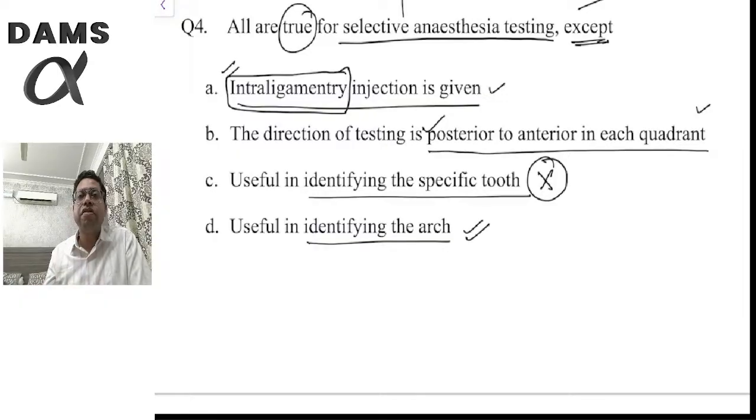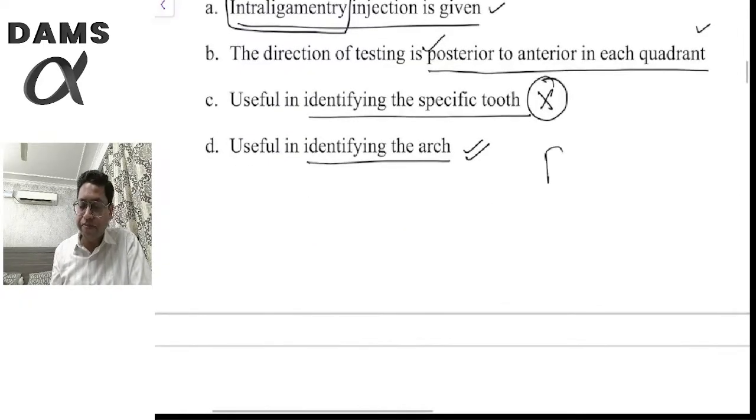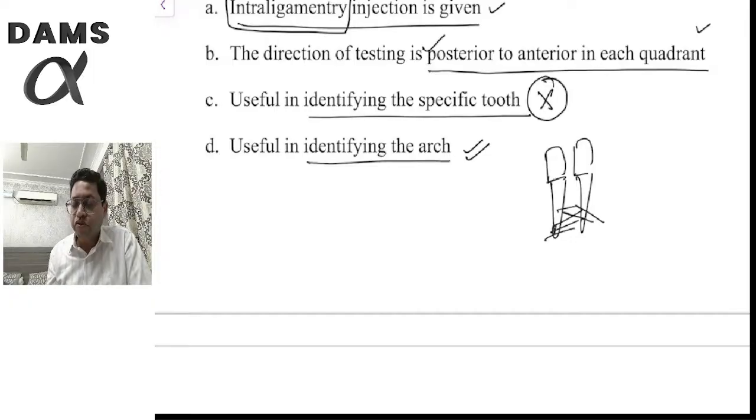Now, what happens? We are giving intraligamentary injection and expecting that we will be able to identify a specific tooth. But that is not possible because suppose these are the adjacent teeth and there's a lot of cross innervation in the adjacent teeth. So if I am giving intraligamentary injection into this tooth, this tooth also may be anesthetized because of cross innervation.